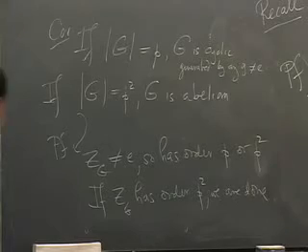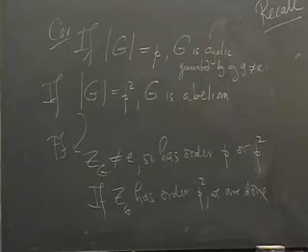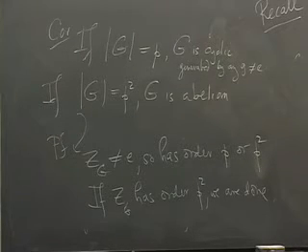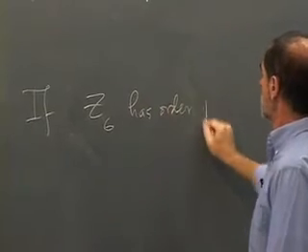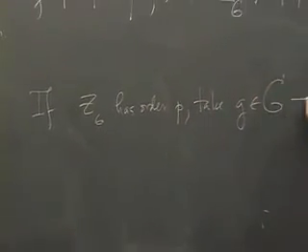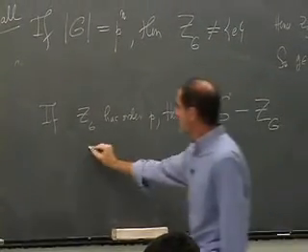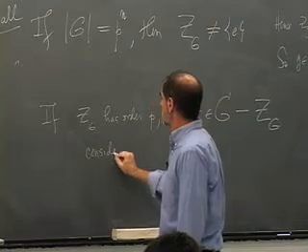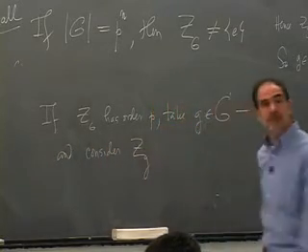if the center of G has order p, take an element g in G which is not in the center and consider the centralizer of the element g.